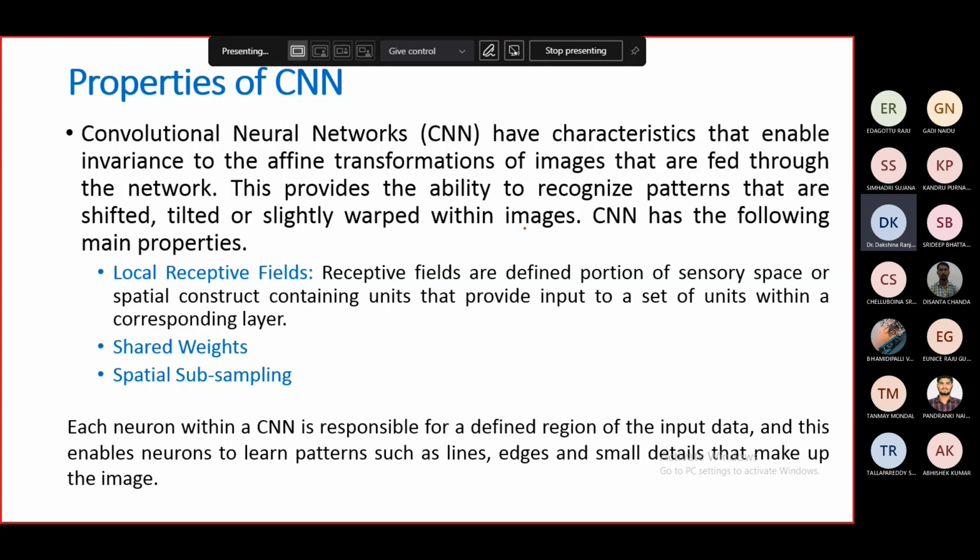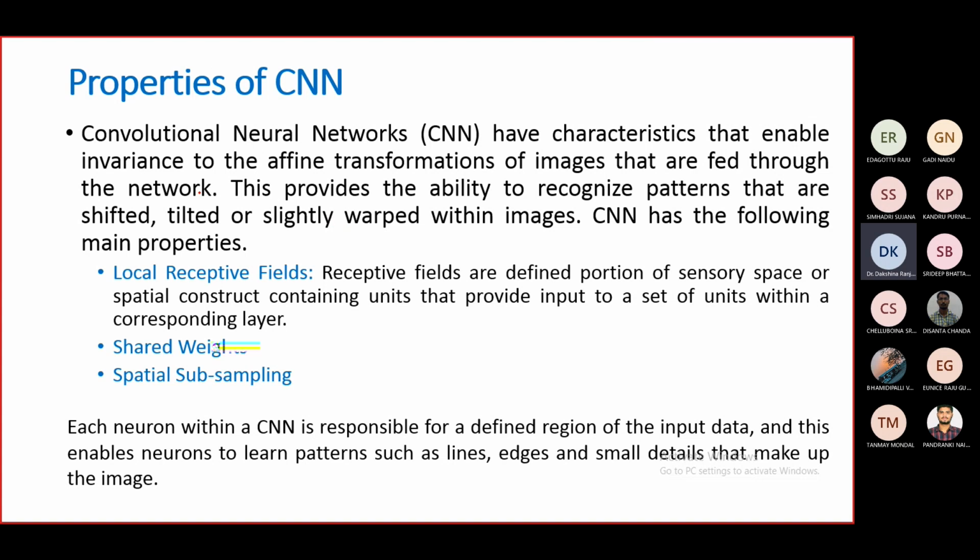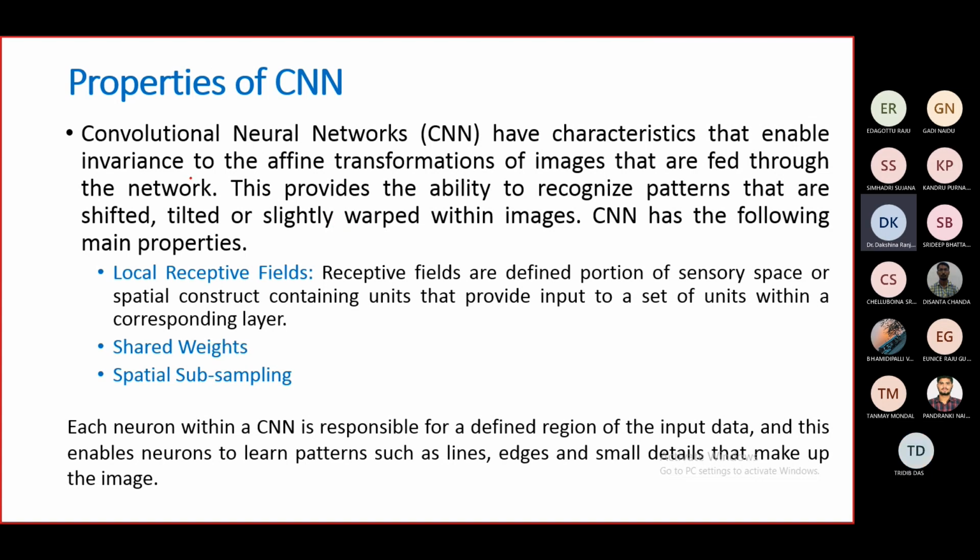That means if there are deformations in the input image, those patterns can be easily dealt with by a convolutional neural network, because when it processes an input image, the affine transformation is found as the invariant property of the input image, and through this property we can preserve the points, straight lines, and planes of the input image, despite the deformation present in it. Now, a convolutional neural network has three main properties: local receptive fields, shared weights, and spatial subsampling.